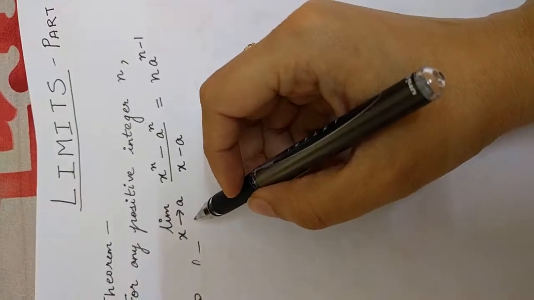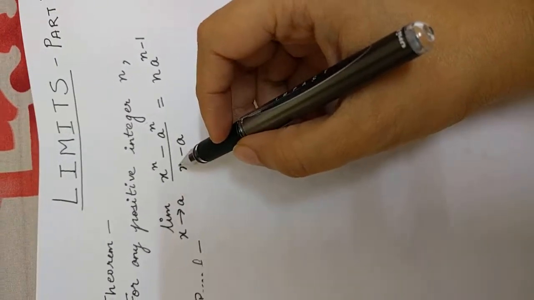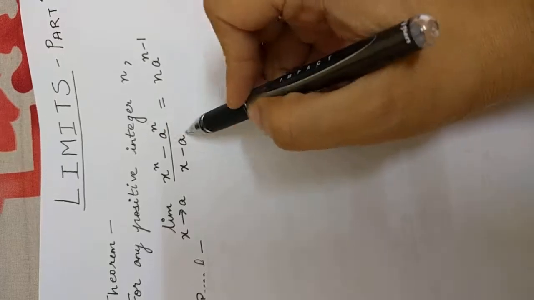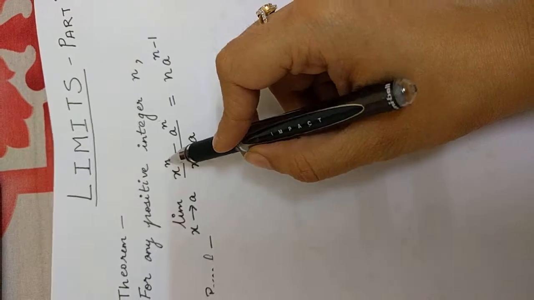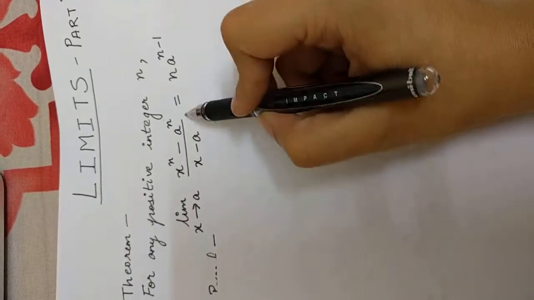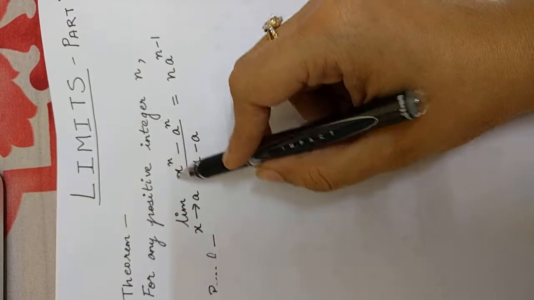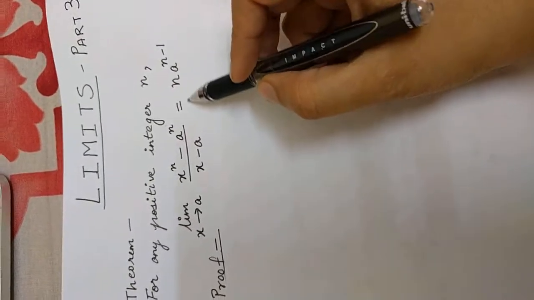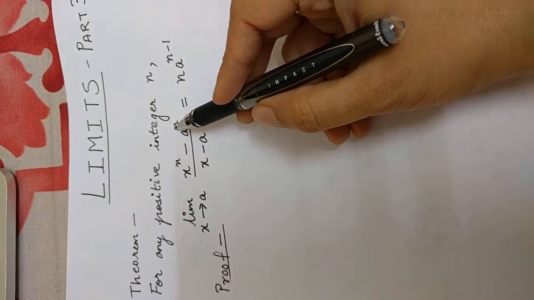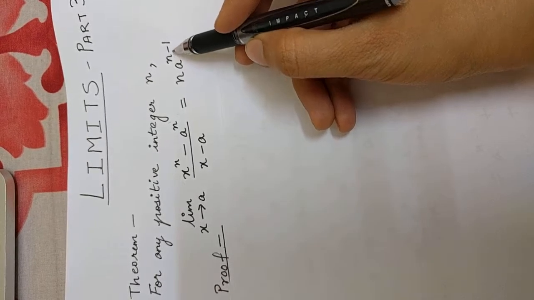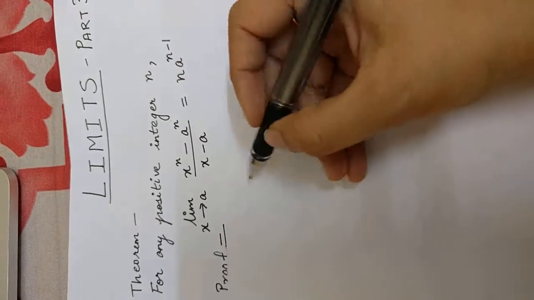So if limit x tends to a, and we have a question of this form, x to the power n minus a to the power n upon x minus a, then the answer will be n a to the power of n minus 1.